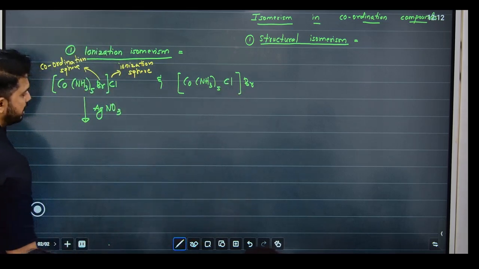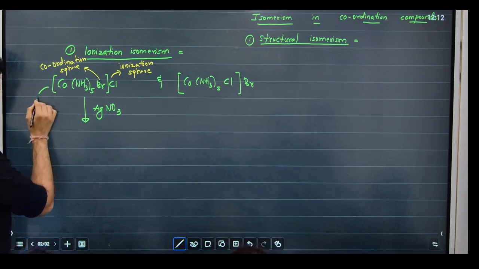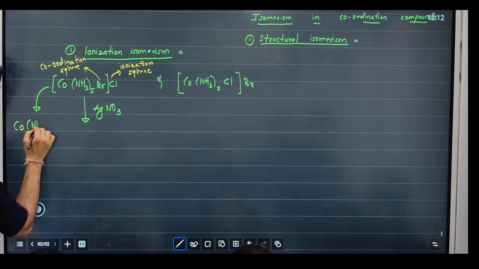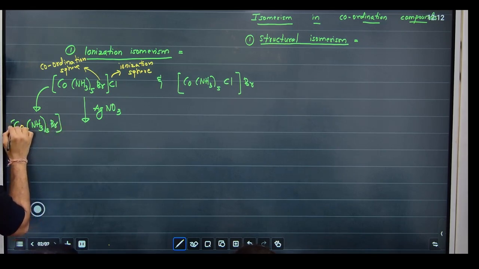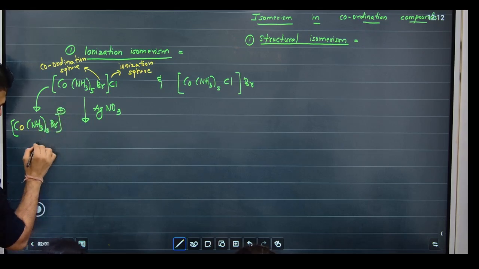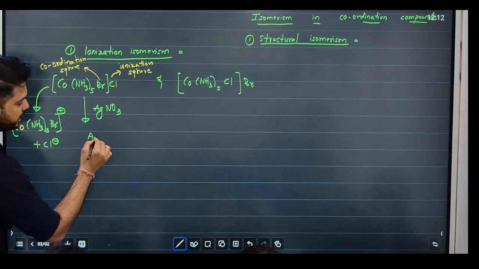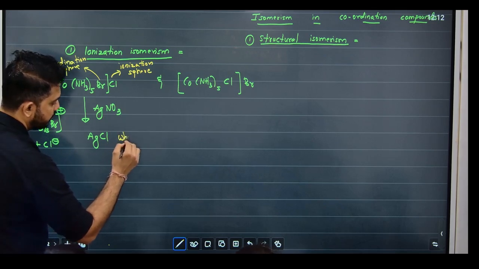Now give me, if I treat this with excess of AgNO3, this will dissociate in the form of [Co(NH3)5Br]+ and plus what do I have? That is going to give me AgCl, color white ppt.